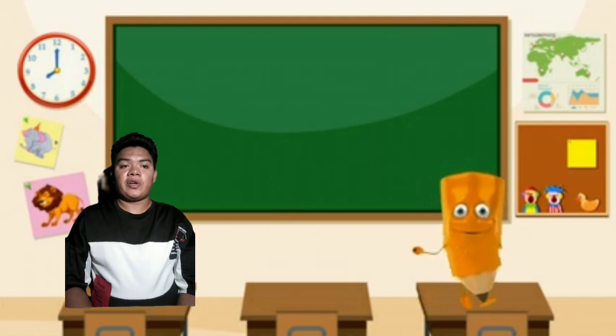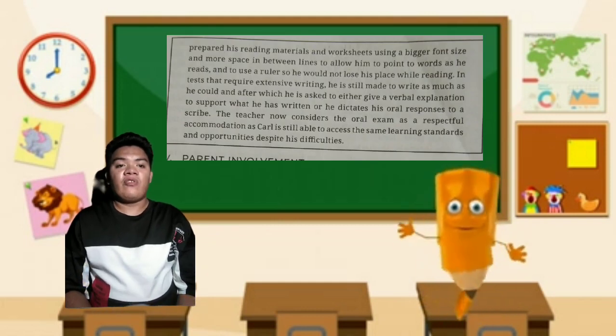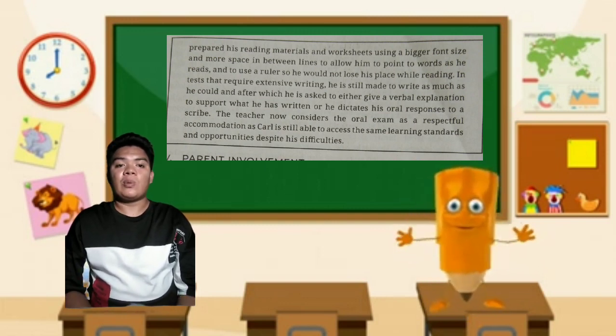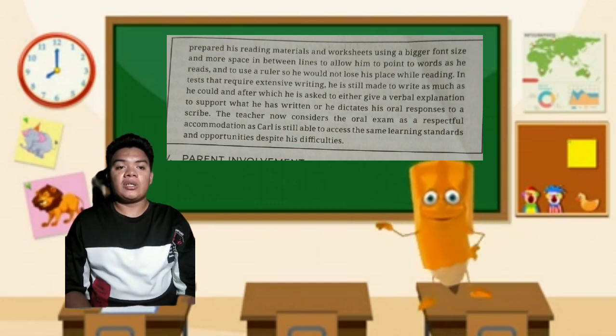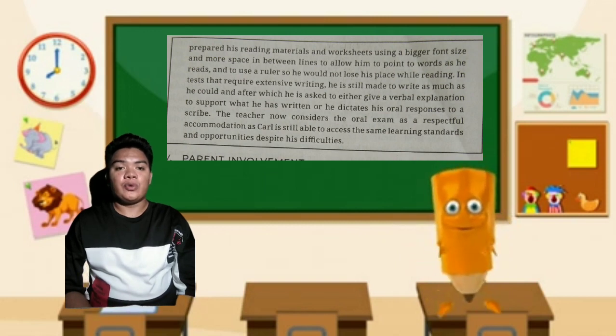Ms. Santos prepared his reading materials and worksheets using a bigger font size and more space between lines to allow him to point to words as he read, and to use a ruler so he would not lose his place while reading.